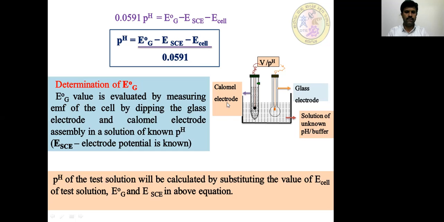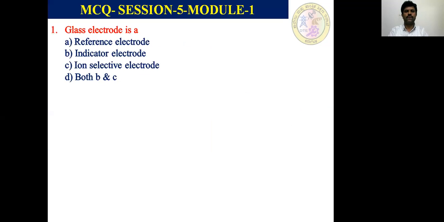So in this way, we can measure the EMF of the cell, and then by using that EMF, we can find out the pH of the solution whose pH is to be determined. So this is about the determination of pH using the glass electrode.